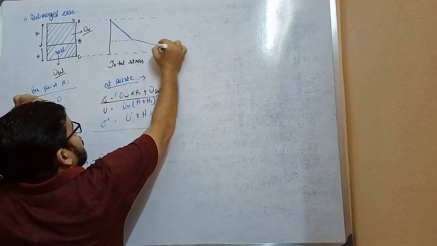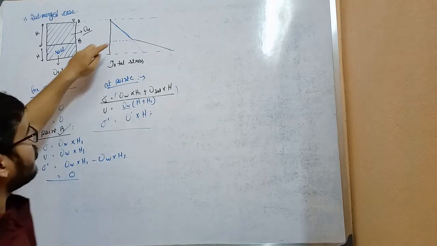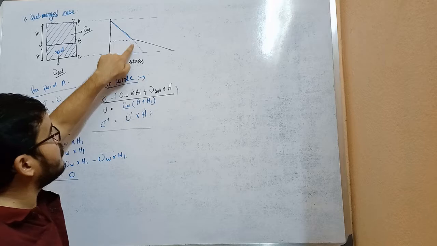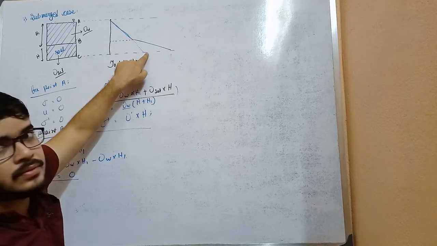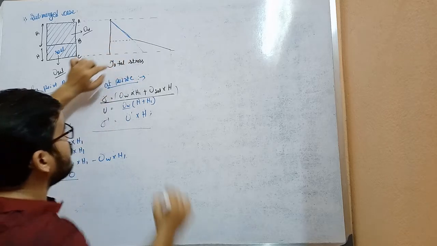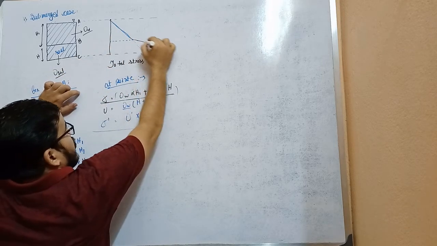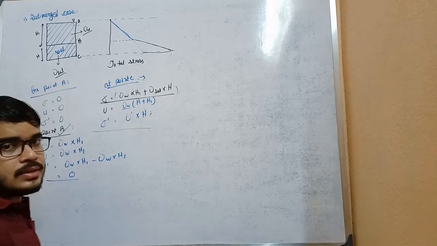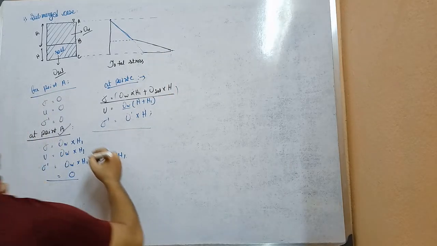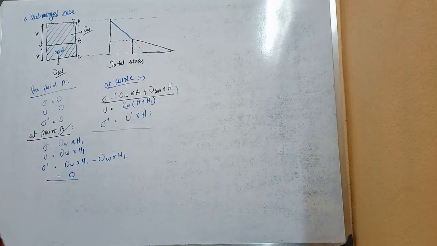Like this. Okay. If there is only water, then it will be gamma W into H plus H1, this value. As the soil has come, the total stress amount will be increased from here. So the graph will be like this. Okay. So now draw this diagram like this.